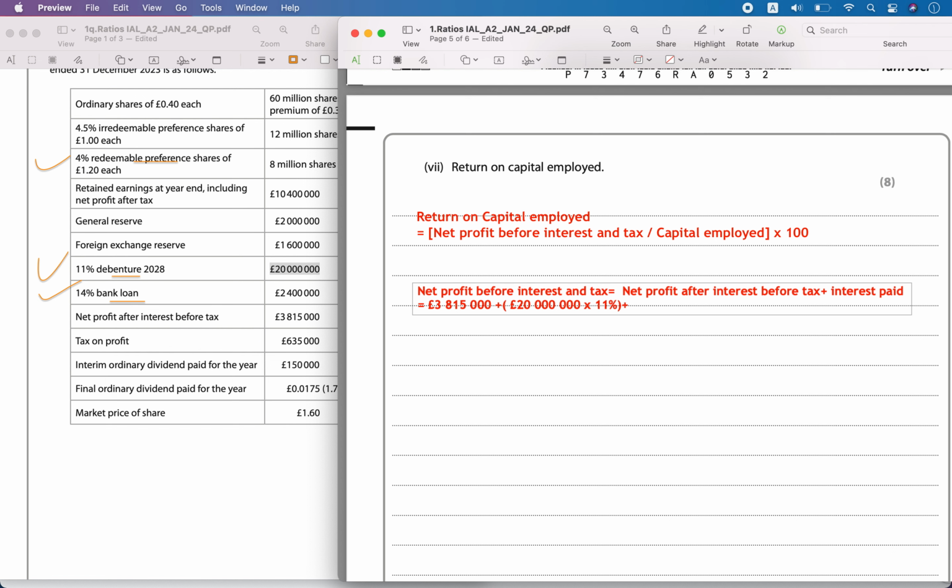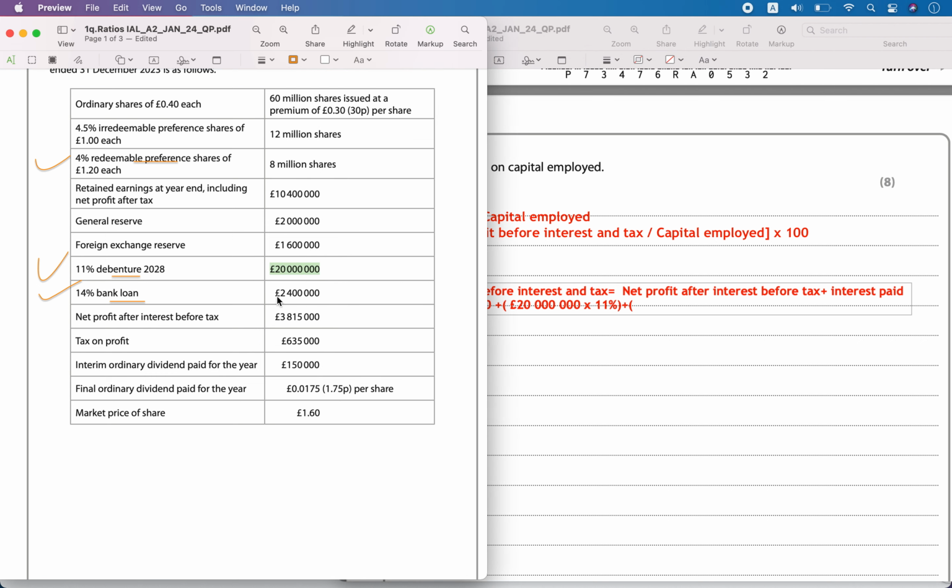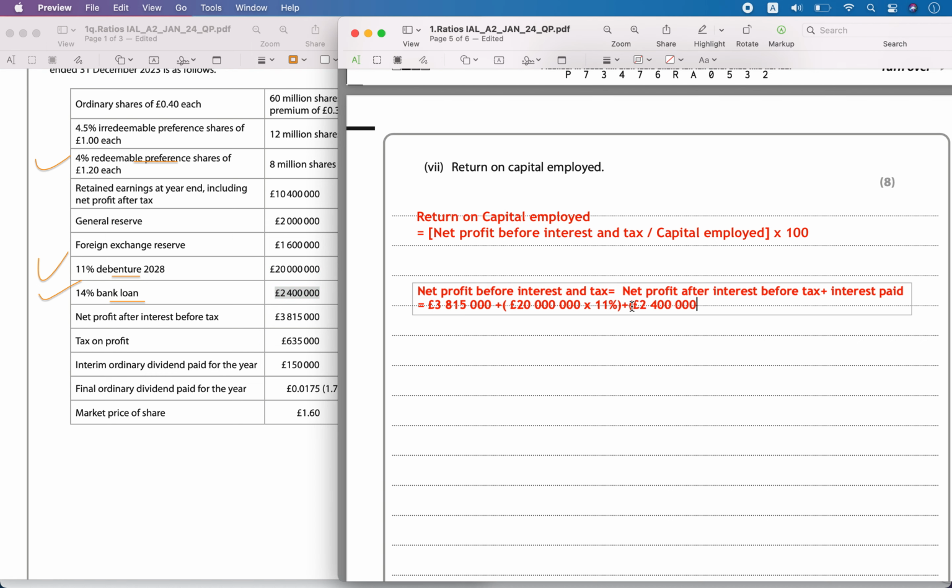Plus we have interest on the bank loan. The bank loan was 400,000, and the interest paid was 14%.